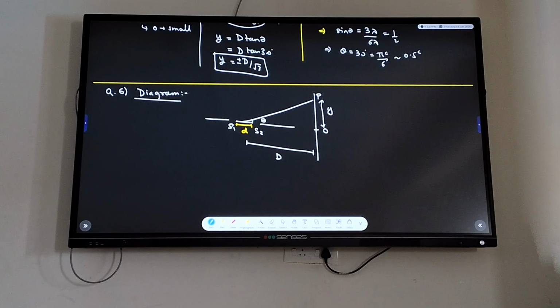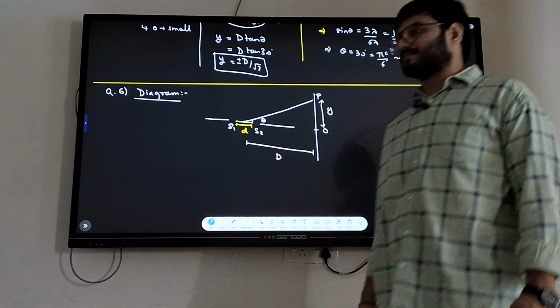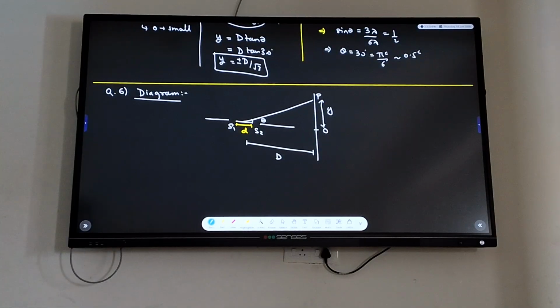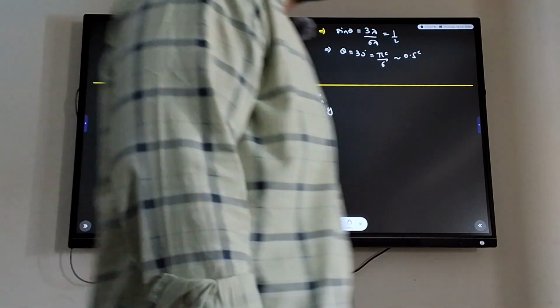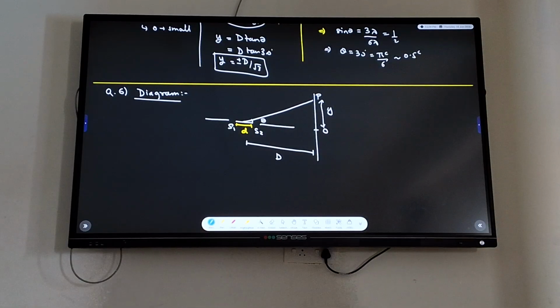Seven maxima? I think that's correct. That's correct. Good. And now can you see a pattern that the number of maximas are always odd and the number of minimas are always even? And why is that odd?